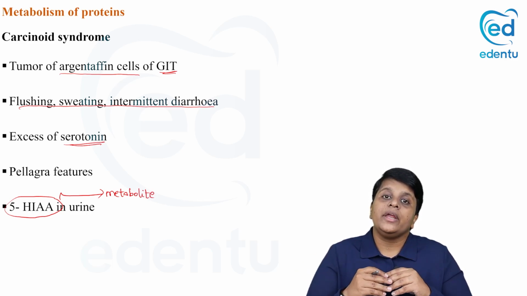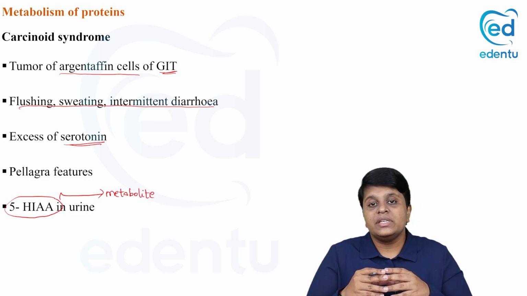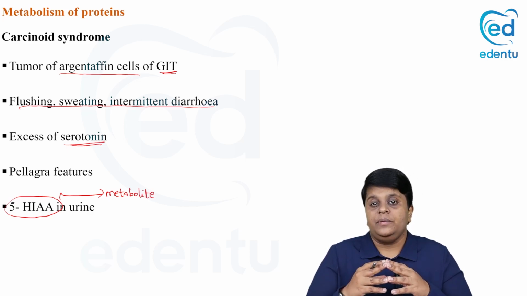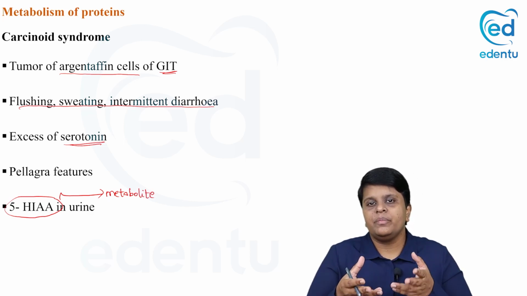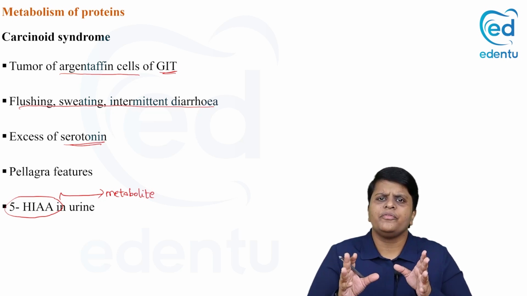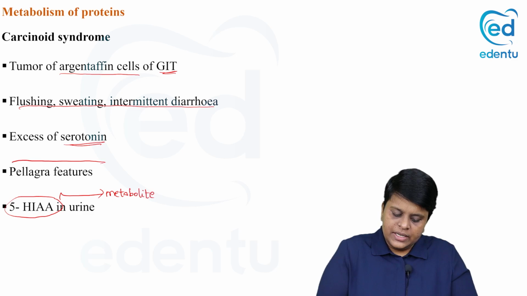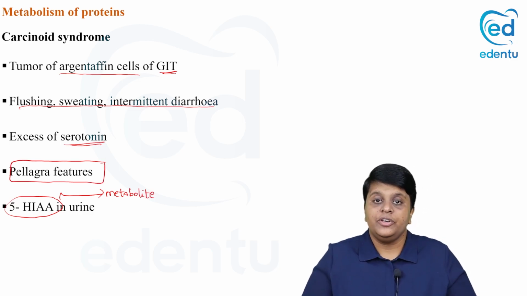So one more product which cannot be synthesized as a result of this shunting will be the vitamin B3 or niacin. It will not be synthesized because all the tryptophan gets shunted towards serotonin synthesis, and this leads to the development of pellagra-like features. Pellagra features diarrhea, dermatitis and dementia. If untreated, can lead to the 4th D, which is death.